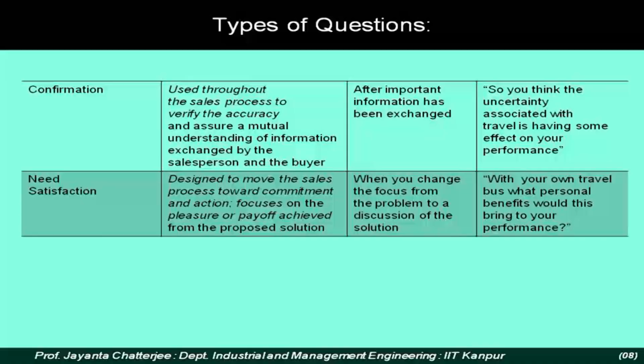So you say statements like, you think the uncertainty associated with travel is affecting your performance. This is actually yes, no, no but. This type of response from the customer will help you further tune your thinking with the customer's perception.